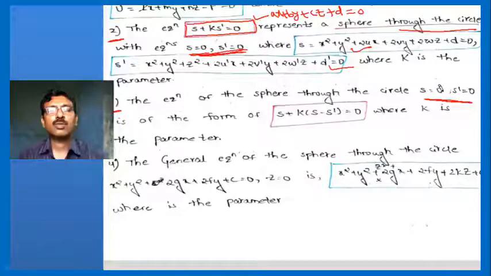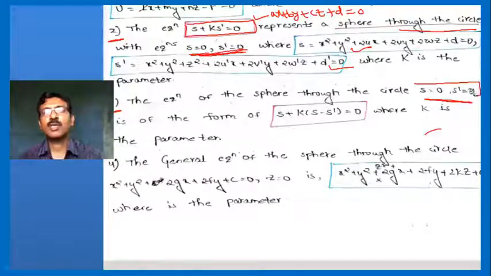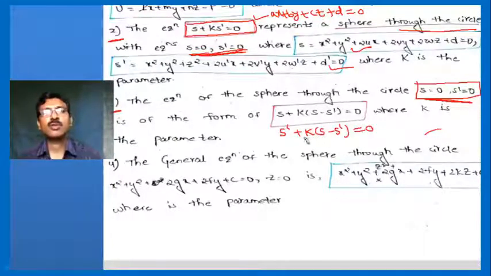Now the equation of a sphere passing through the circle is S plus k(S minus S dash) equal to 0, or I can write S dash plus k(S minus S dash) equal to 0. So this is also a formula to find the equation of a sphere passing through the given circle.